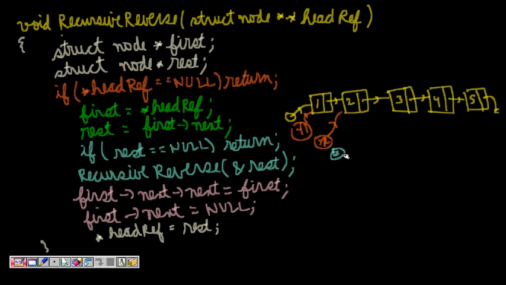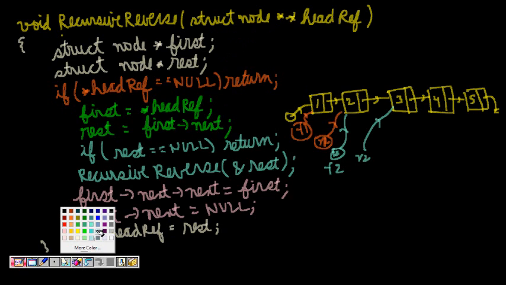F2 is pointing here, and R2 is pointing here. Again, first is equal to head reference, so F2 is here and R2 is first next. If rest is equal to null, return. It's not so. I call recursive reverse with the rest. Again it comes here, and let's choose another color.